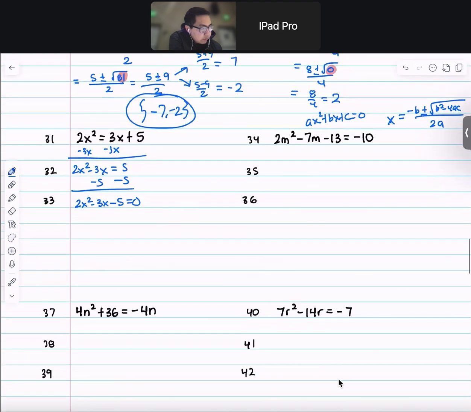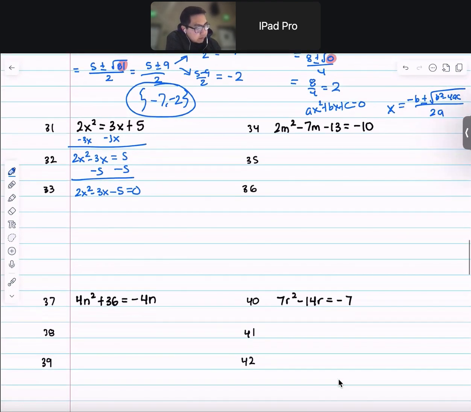So we're going to be using the quadratic formula. So a equals 2, b equals negative 3, c equals negative 5. So x equals, quadratic formula, negative of negative 3 plus and minus negative 3 squared minus 4 times your a times your c, all over 2 times a.